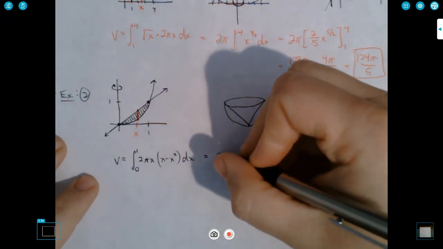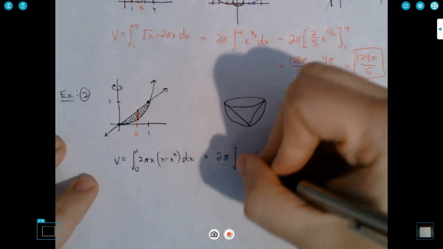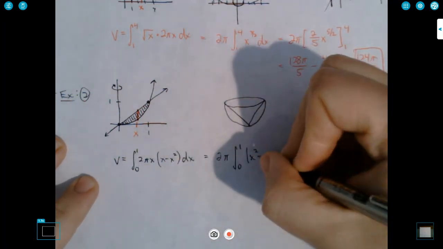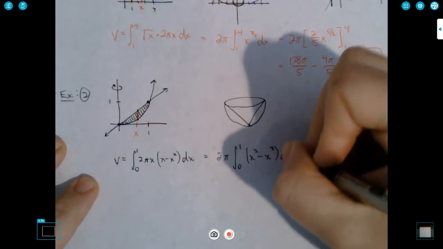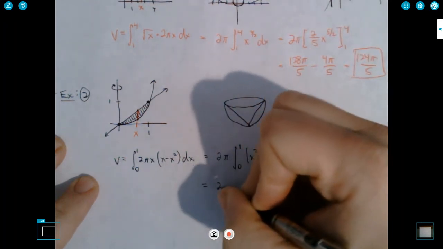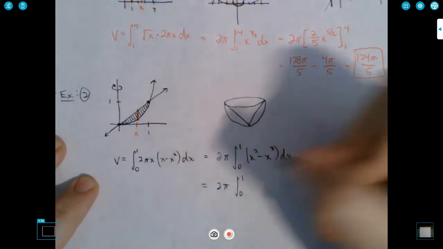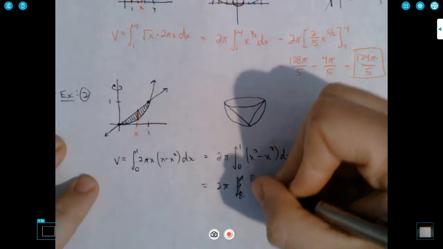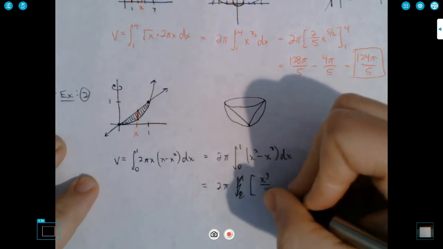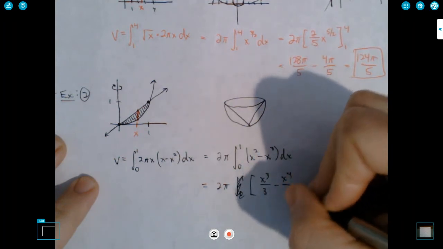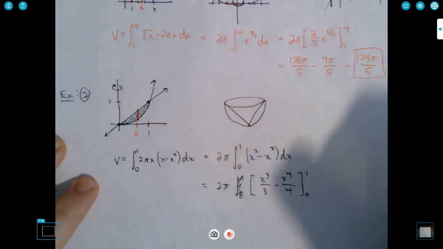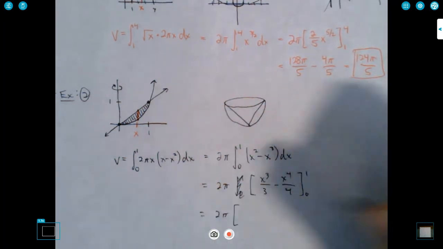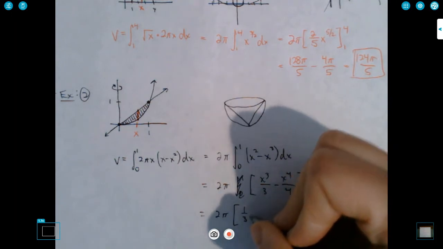Let's see what we get. So this is 2 pi times the integral from 0 to 1 of x squared minus x cubed, it looks like. This is x cubed over 3 minus x to the 4th over 4, evaluated from 0 to 1. So 2 pi times, if I plug in 1, I get 1/3 minus 1/4.